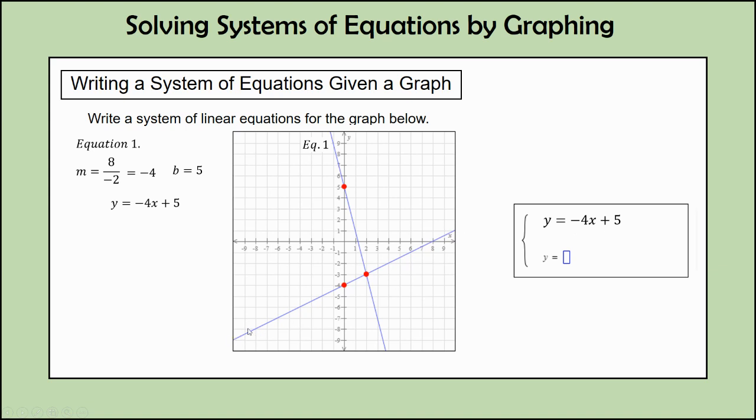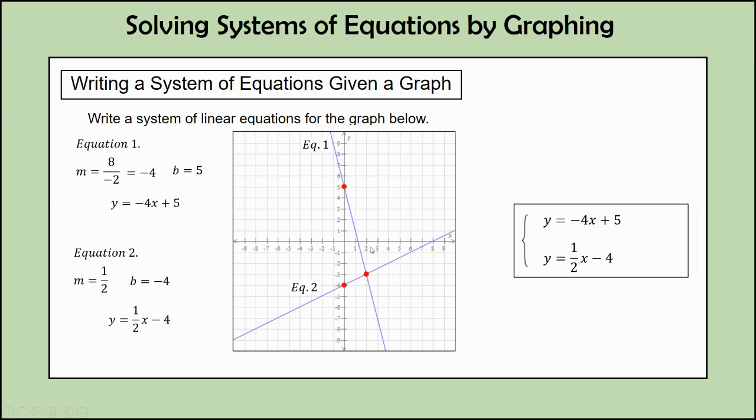This is our second equation. So again, I need to know two things: slope, y-intercept. Slope, pretty easy. Rise of 1, run of 2. Y-intercept, pretty easy. It's right here at -4. Equation, y equals mx plus b, and then plug it in here. Now I said you could check it, and here's what I was thinking.